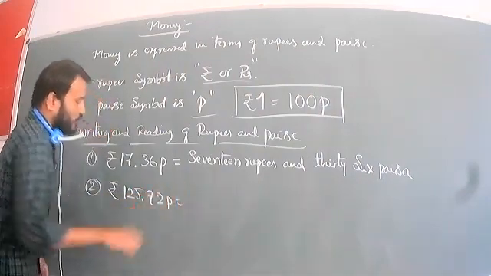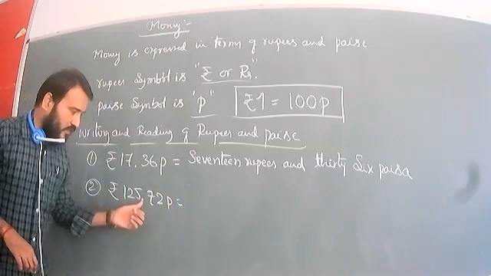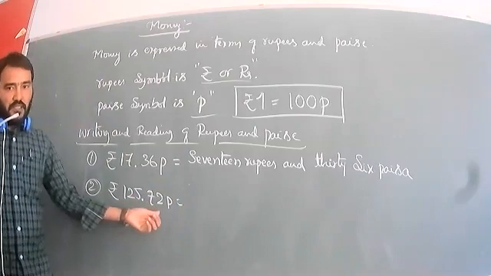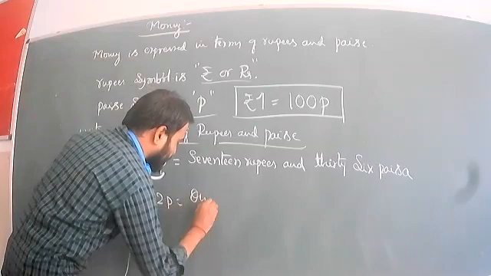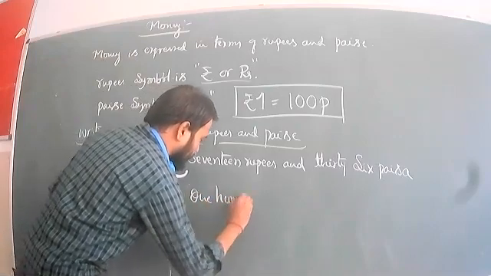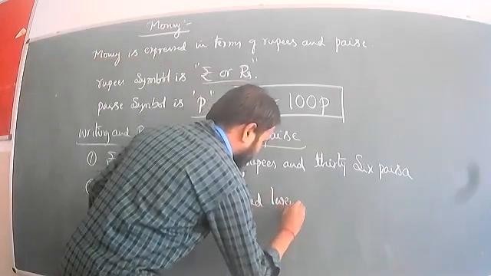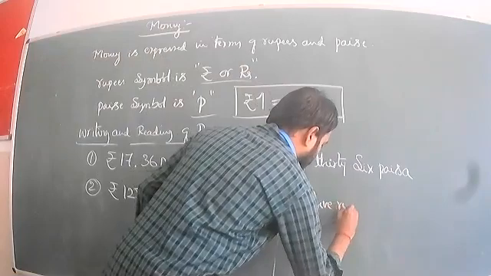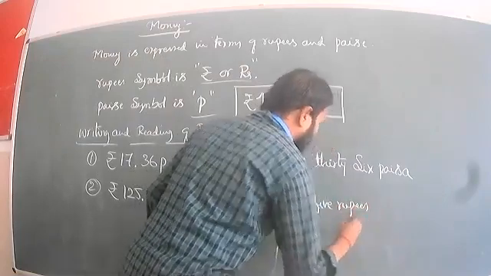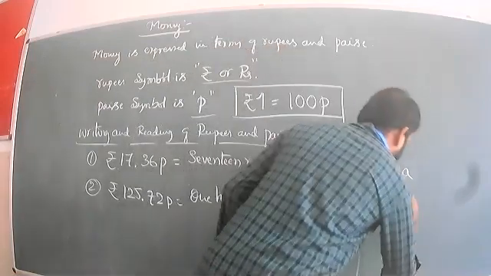What is the answer? Here it is 125 rupees 72 paisa. So we can write the number name: 125 rupees and 72 paisa.